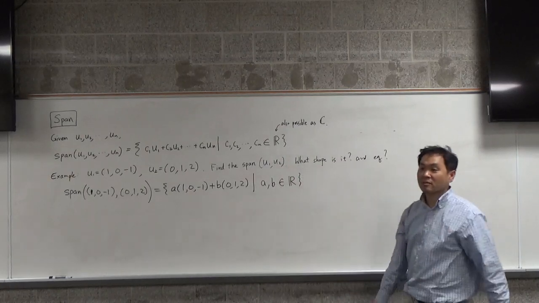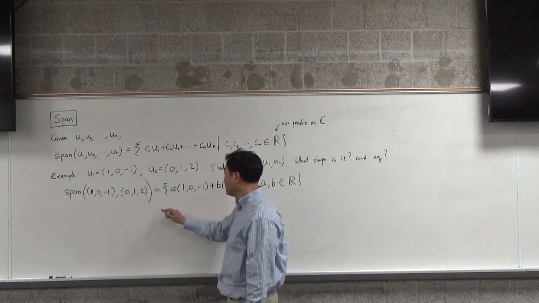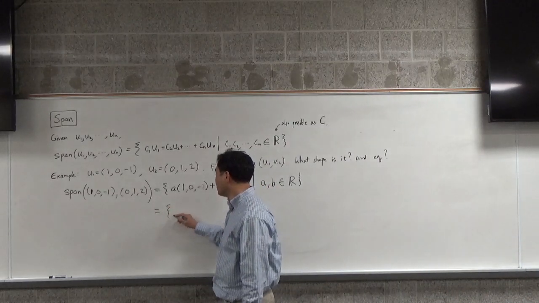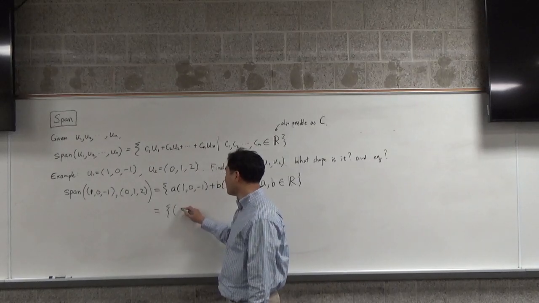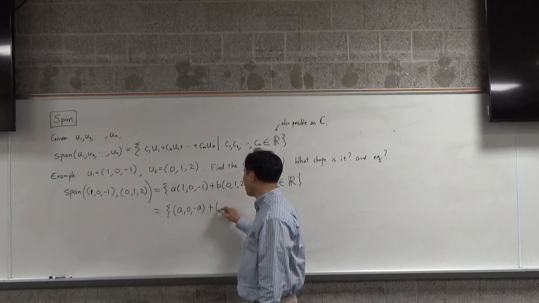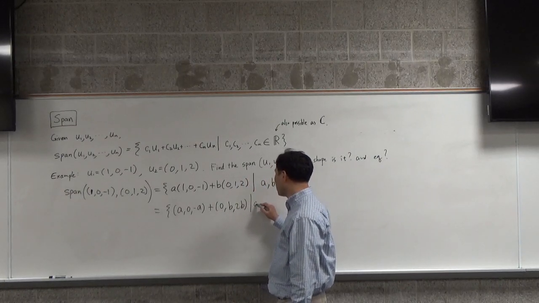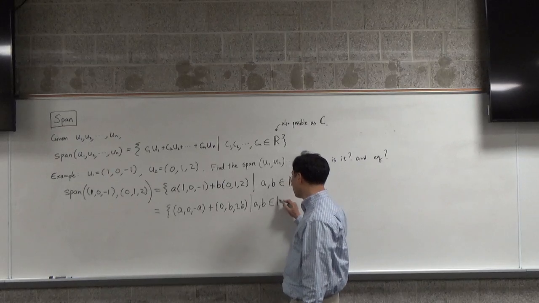Let's calculate further: you have (A, 0, -A) plus (0, B, 2B), where A, B are some real numbers.